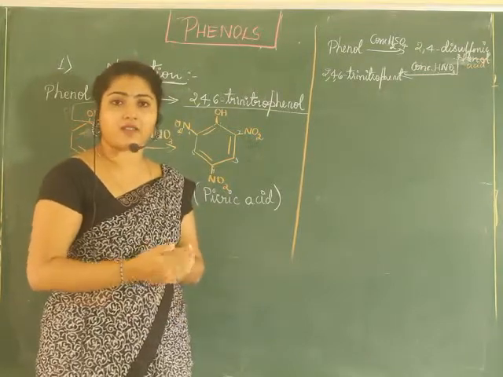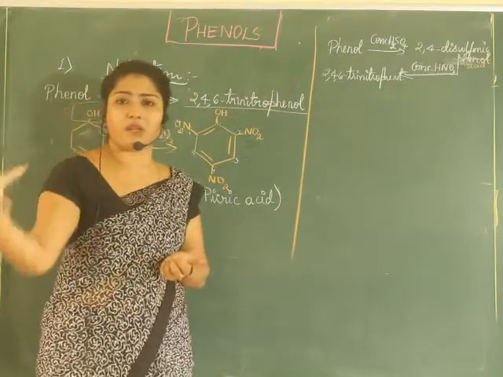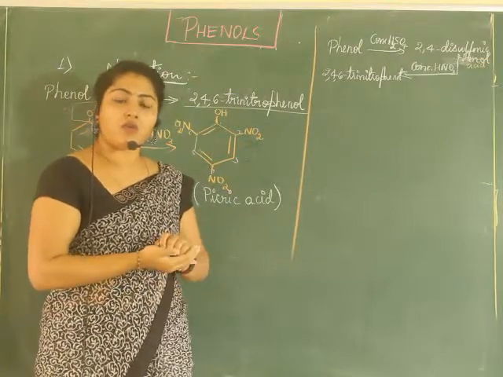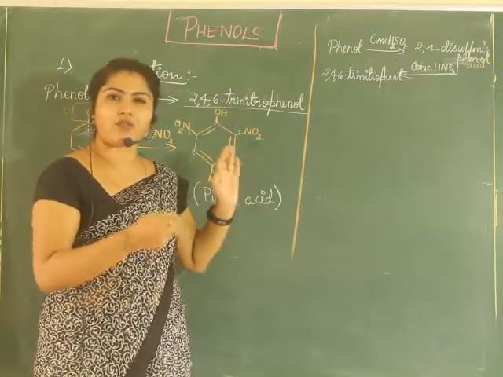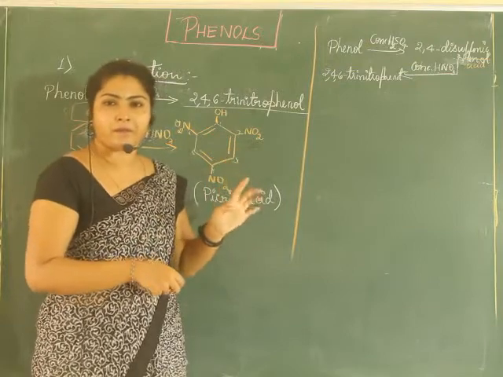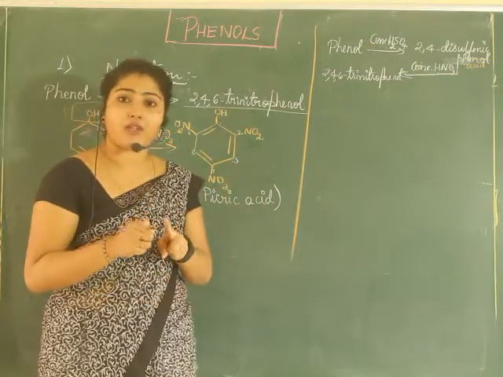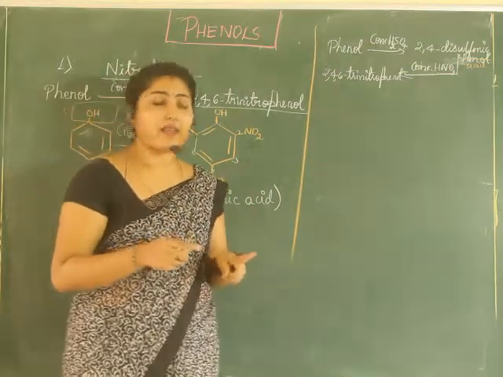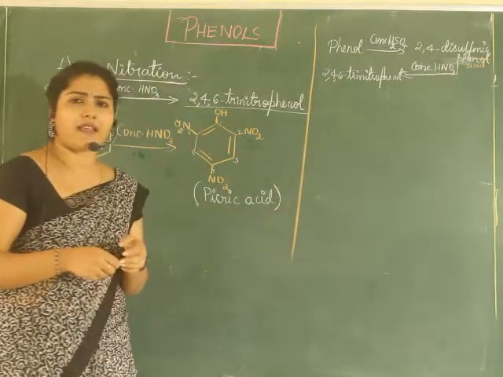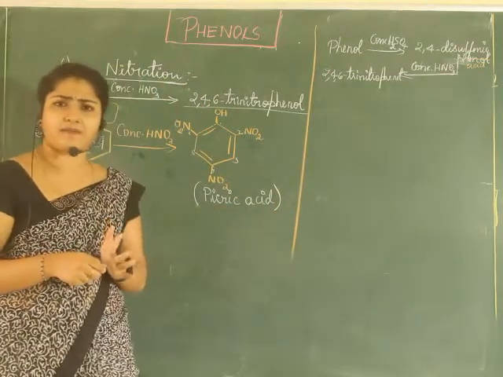So a large amount of fumes will be liberated. With dilute nitric acid, to some extent it's manageable. But imagine the same reaction with concentrated nitric acid. With concentrated nitric acid, the reaction will be vigorous.